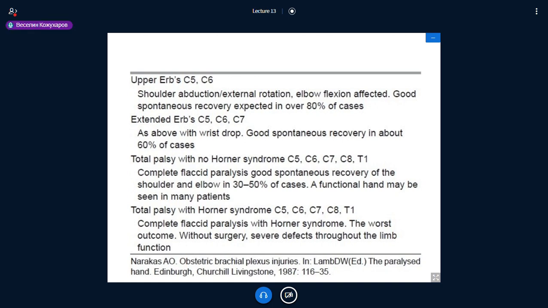It is more often addressed to the upper involvement, and it consists of miosis, ptosis, and enophthalmos. The cases with Horner syndrome have a worse prognosis without surgery, and this will cause disability to the whole limb function.